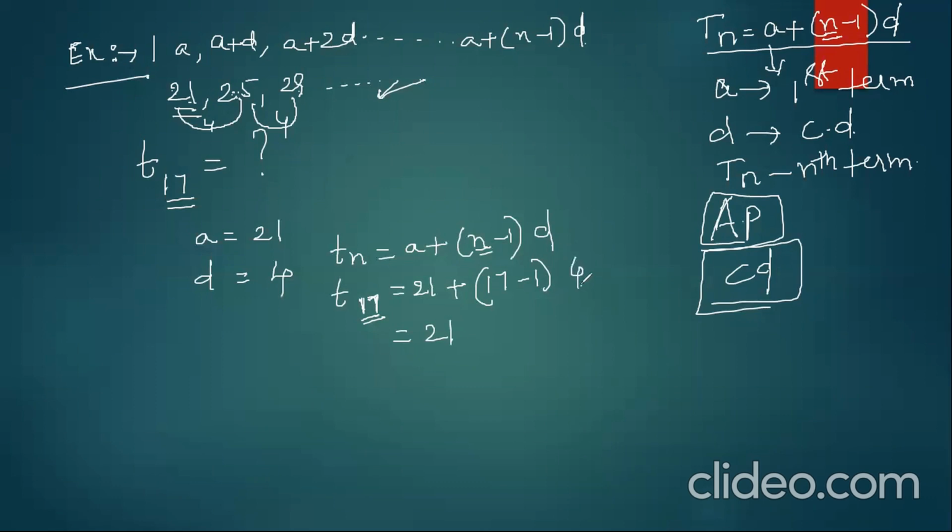Now 21 plus 16 into 4. How much will you get? 21 plus 16 fours are 64.